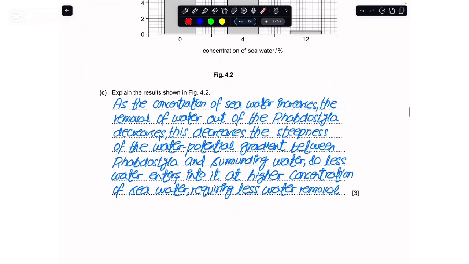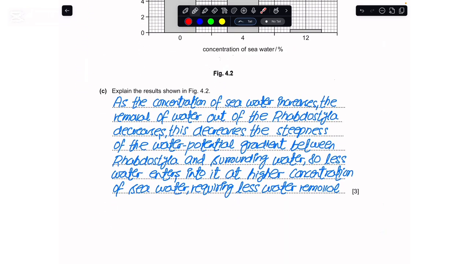So now they ask us for a total of 3 marks that we are required to explain the results that are shown in figure 4.2. So you would simply say that as the concentration of the seawater increases, the removal of water out of the Rhabdostyla decreases.